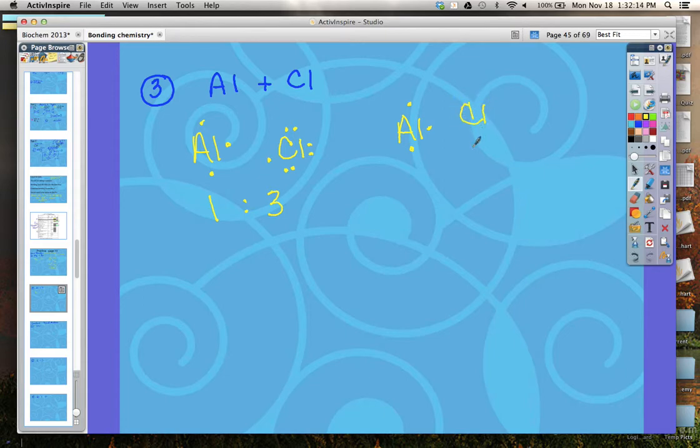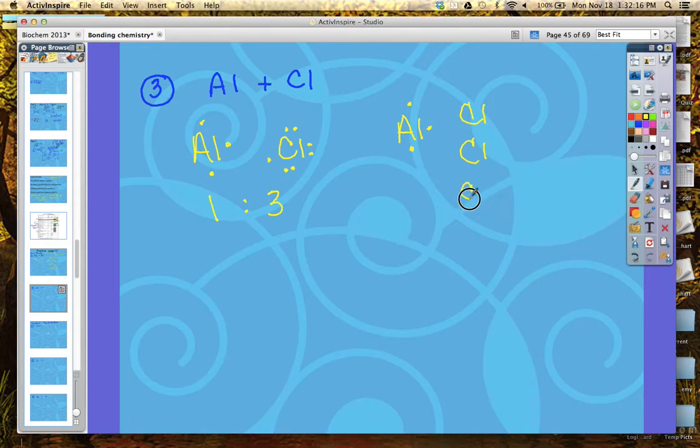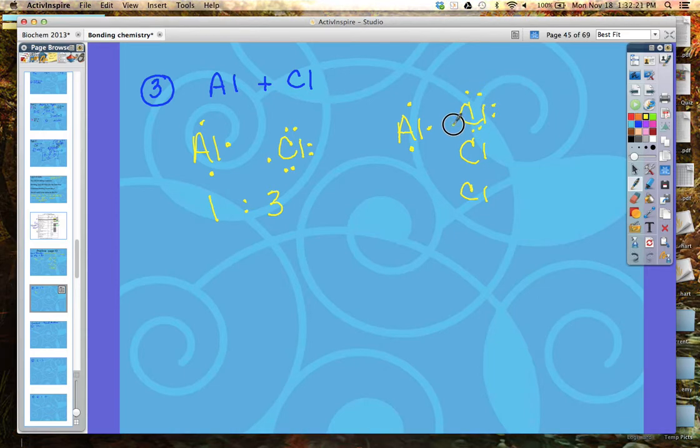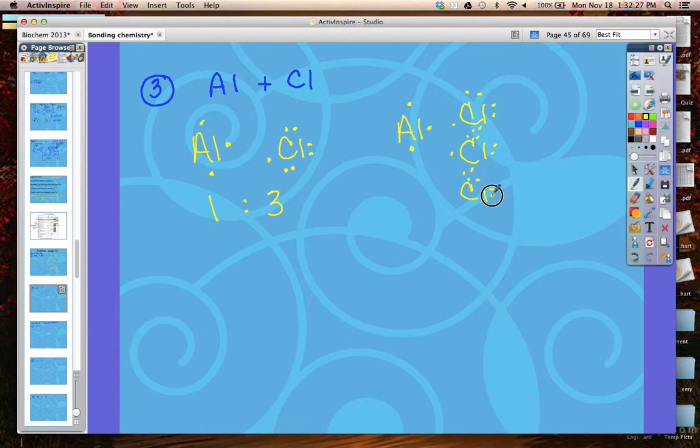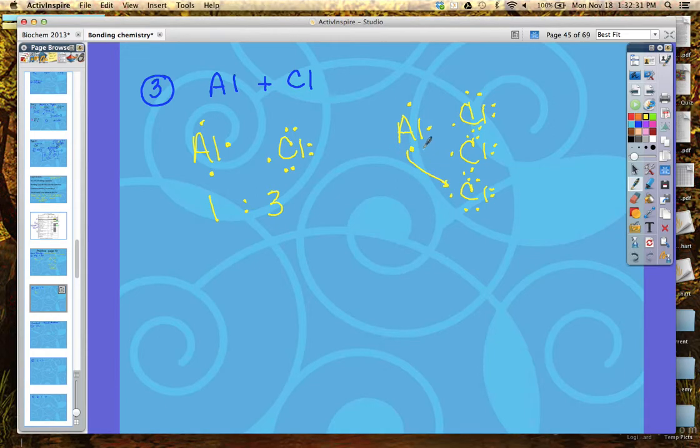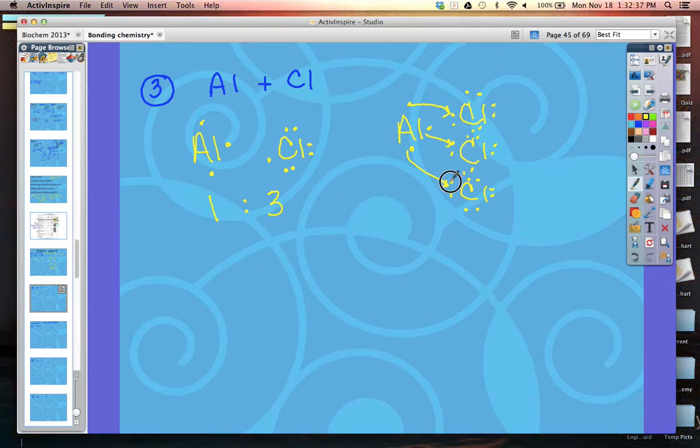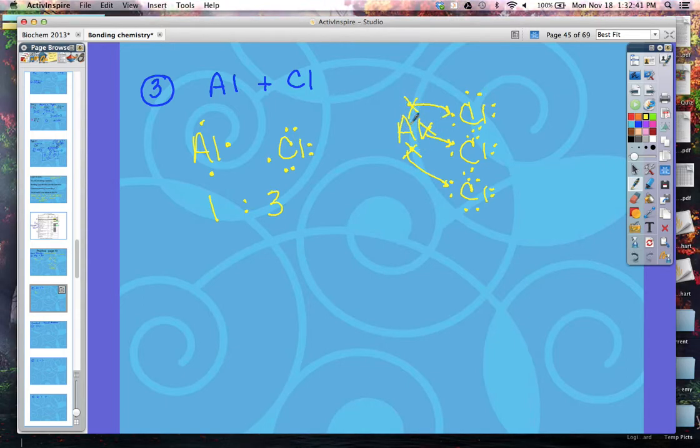Aluminum and chlorine. I'm going to go 7 electrons for each chlorine. These guys are not sharing electrons. So this electron's going down here, 1 electron's here, and 1 electron's here, which means my aluminum is losing its electrons.